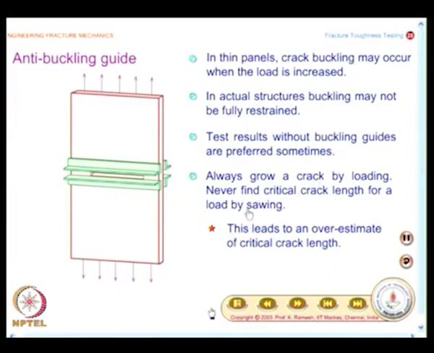On the other hand, if you grow it by sawing and find out the critical crack length and the critical stress, it would lead to an overestimate of the critical crack length, because we are going to see there is going to be an initial crack length, there is a stable crack growth feature followed by unstable failure, which we had seen even while discussing plane stress situation long time back with the help of R curve. We will again have a look at that.